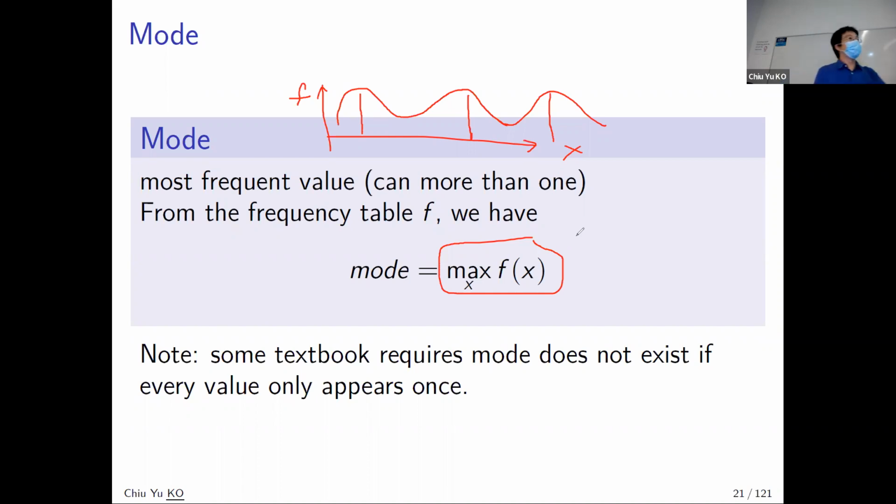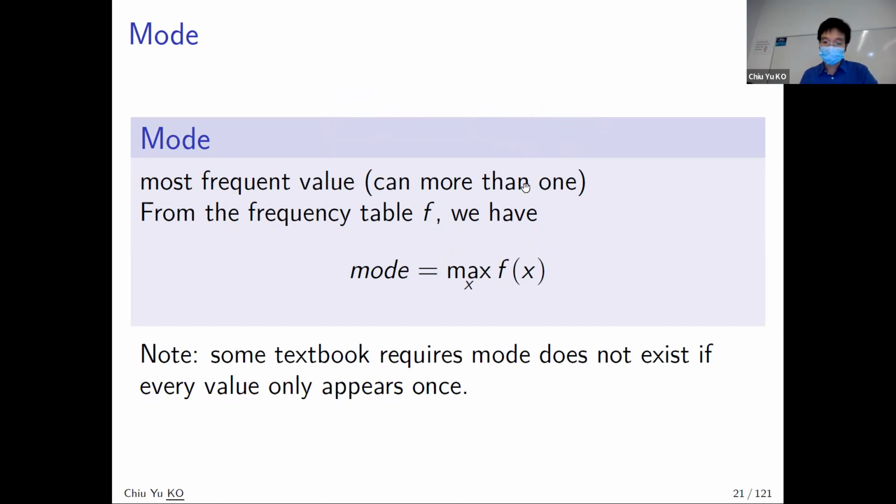When it's a continuous variable, you have to simplify in a certain way to make sure that data appears more than once, or otherwise it's not very useful. So that is how we use mode, and I think everybody knows it. Just to remind you, when you use mode, it's the most generous way to do it because it also applies to categorical data, also to nominal data as well. So this is a somewhat useful thing to know.